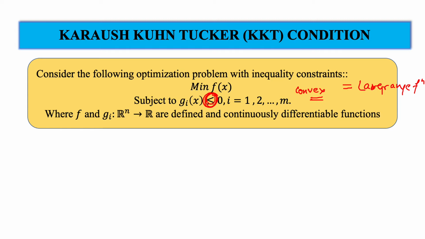So consider this constraint optimization problem with inequality constraints: minimize f(x) subject to g_i(x) less than or equal to 0, where f and g_i from R^n to R are defined and assume that they are continuously differentiable functions.